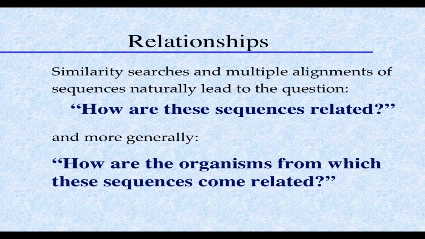So when we're talking about similarity searches and alignments, multiple alignments, we're always implicitly asking the question, how are these sequences related? And also, we may be asking the question, how are the organisms from which these sequences originate related?